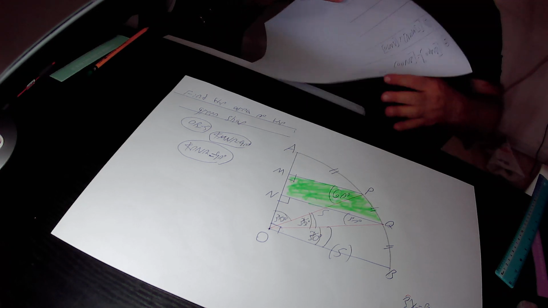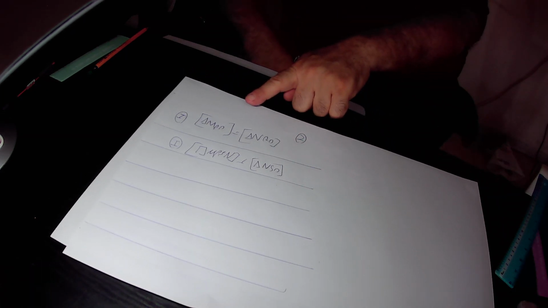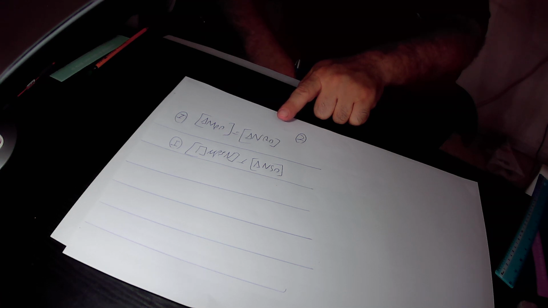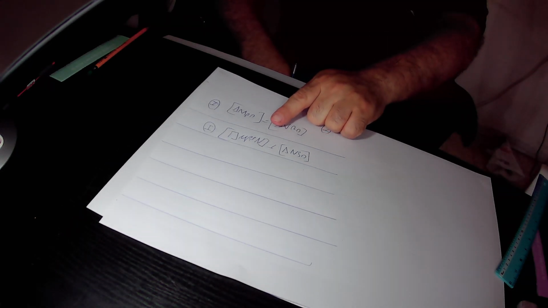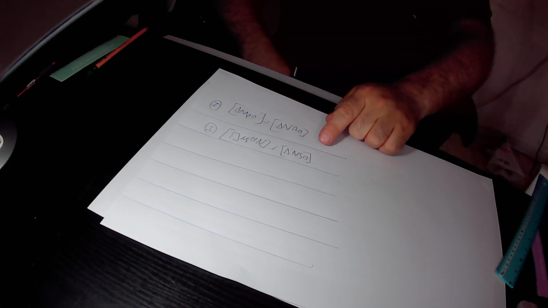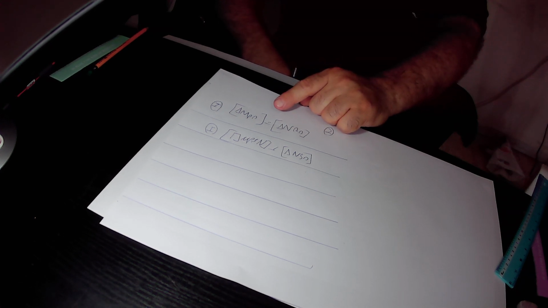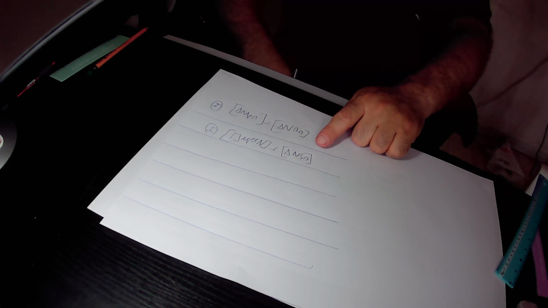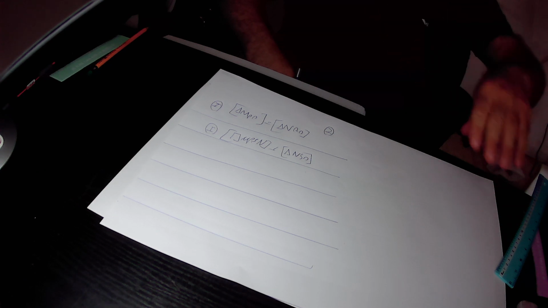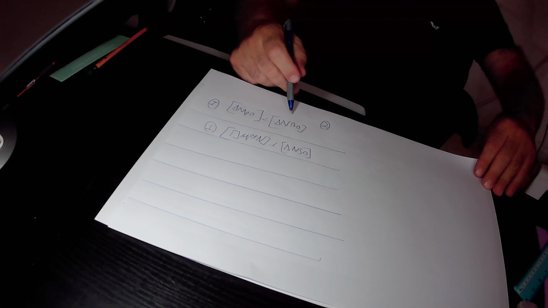Repeat again. We found out that the area of the right triangle MPO is equal to the area of the right triangle NQO. But the area of the right triangle MPO consists of quadrilateral MPSN and also the right triangle NSO. Therefore, the area of the right triangle MPO must be equal to the area of quadrilateral MPSN plus the area of the right triangle NSO, and it is equal to the area of triangle NQO.